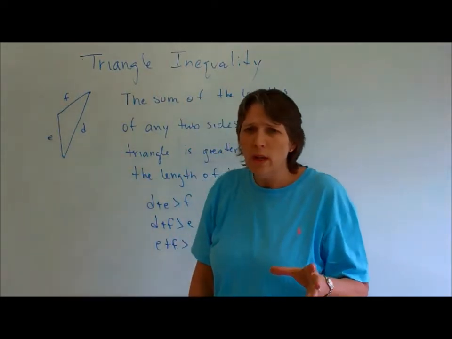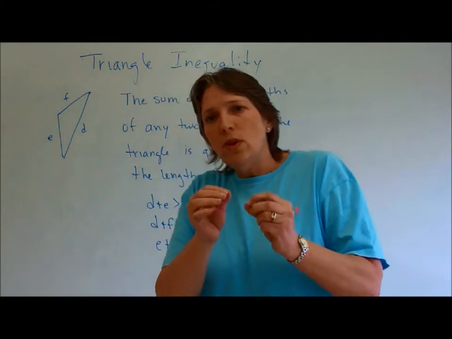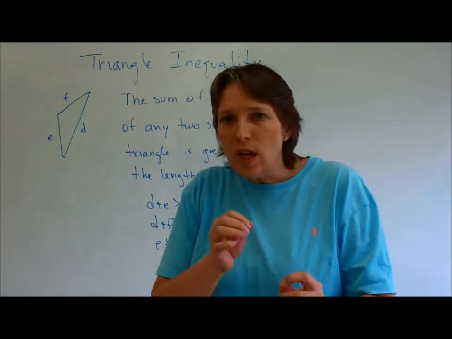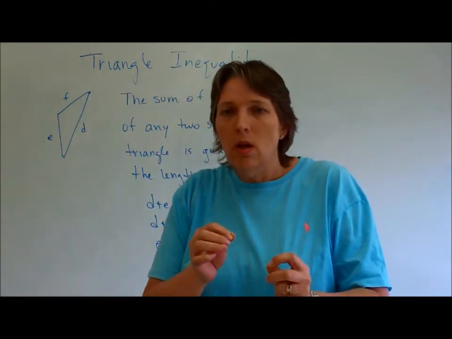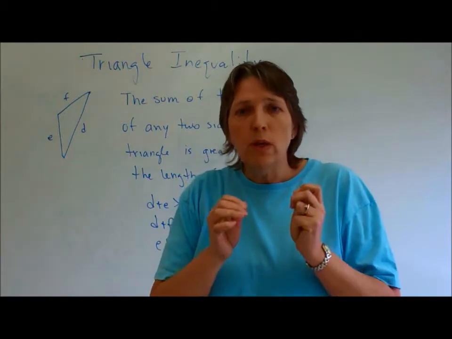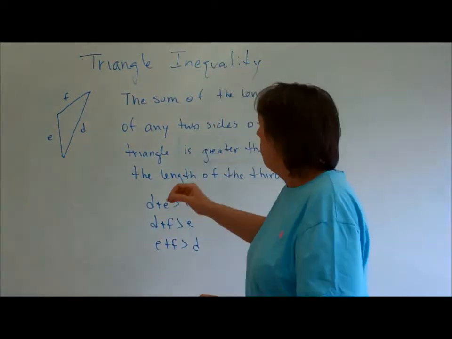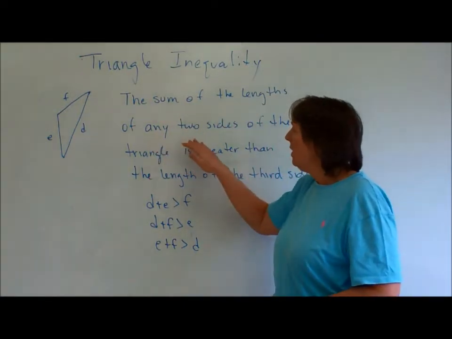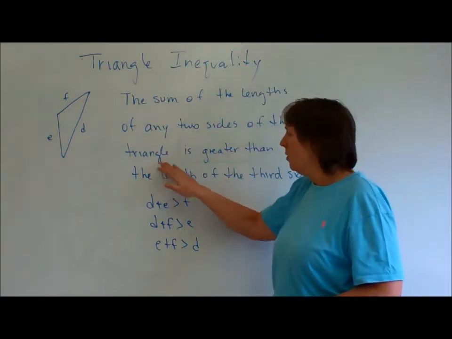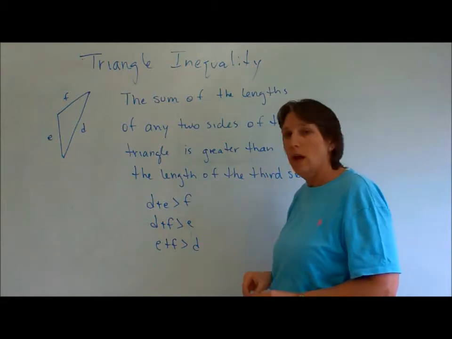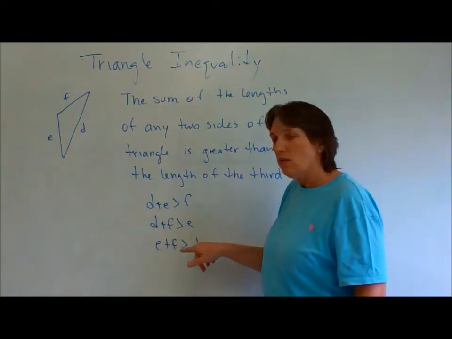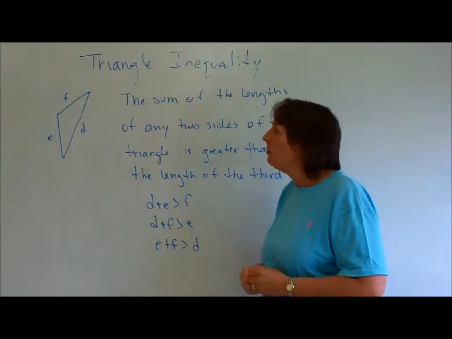The triangle inequality states that the sum of the lengths of any two sides of a triangle is greater than the length of the third side. This is the property.